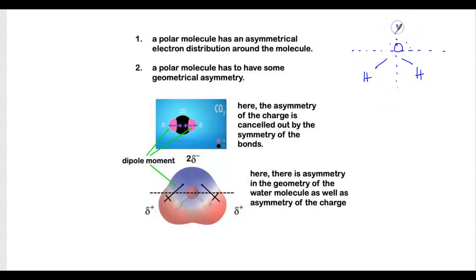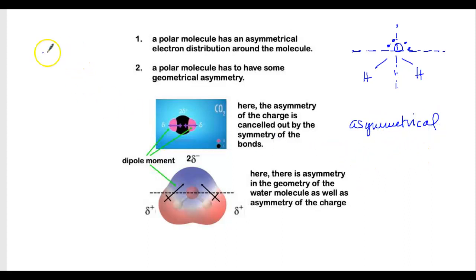If we were to divide the water molecule like this, it looks symmetrical, right? But I can also divide the water molecule like this, and it's not symmetrical. I don't have hydrogens on both sides of this line. I don't have lone pairs on both sides of this line. So if I can draw a line of asymmetry, that means that my molecule is polar.